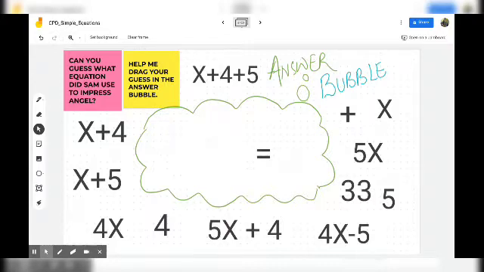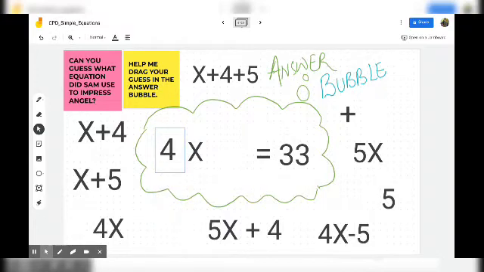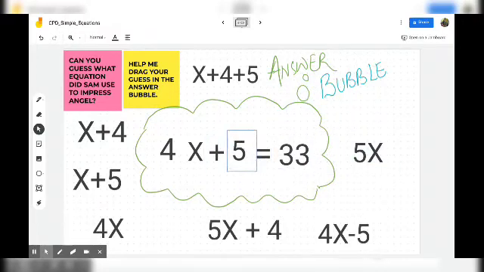We know that the final result was 33. Let's say that Angel's secret number was X. You must have noticed that Sam asked her to multiply 4 to her secret number, and then he also asked her to add 5 to the result. What did we just do? Yes, this is the expression that Sam has framed.